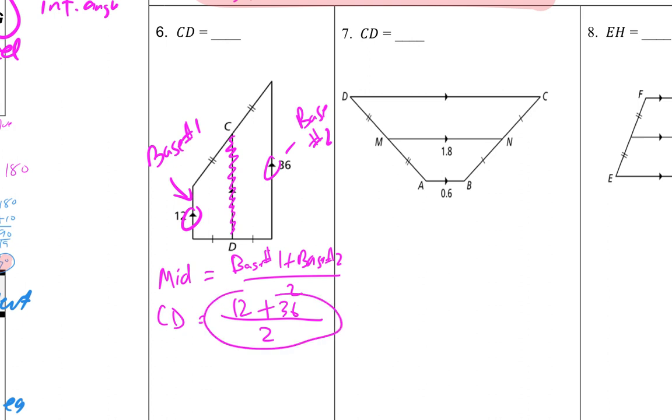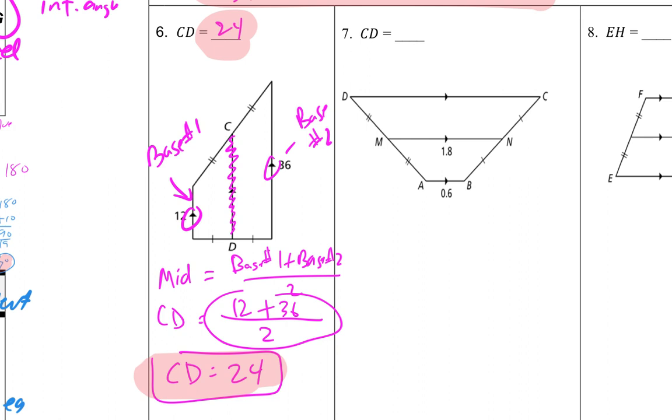If we put that into our calculator, 12 plus 36 is 48, divided by 2 is 24. So CD is equal to 24. We're just going to add up the bases and then divide by 2, because that's what half means. All right, let's keep that in mind.